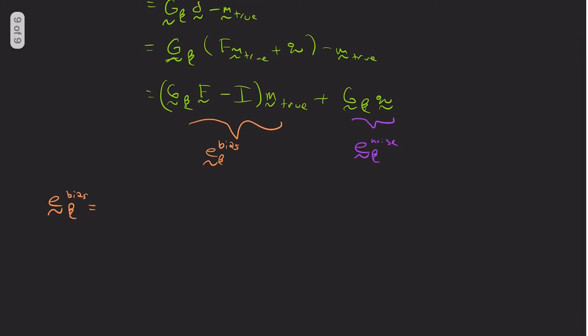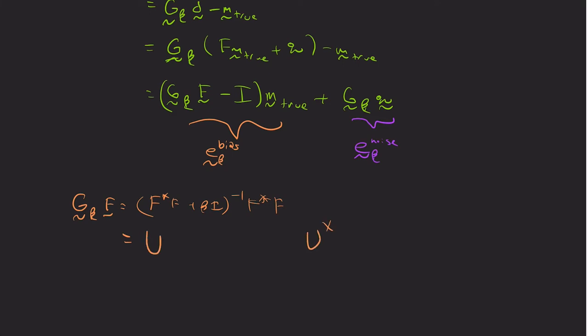Okay. So g beta f is f star f plus beta I inverse f star f, with tildes everywhere. And then we use that f is unitarily diagonalizable, so we can essentially just put u and u star and then just multiply the corresponding diagonal parts.